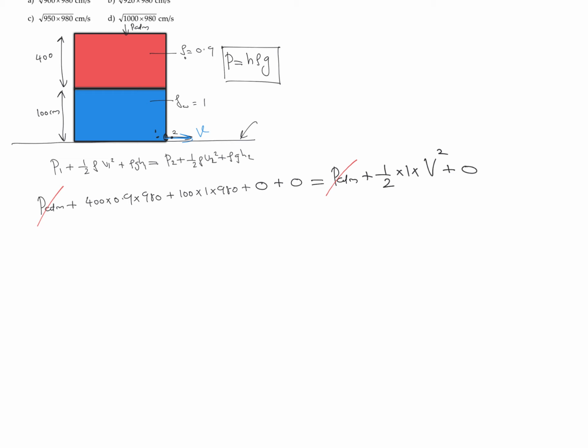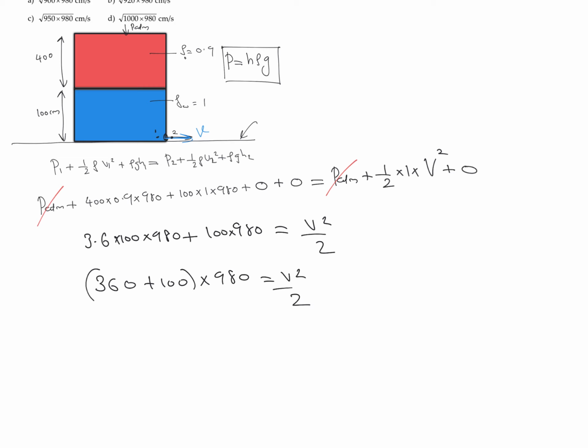So this we can write as 3.6 into 100 into 980 plus 100 into 980 is equal to v square divided by 2.